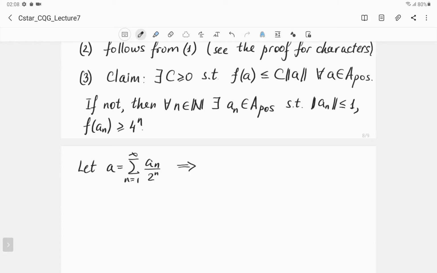So a is greater than or equal to each of the partial sums. So this implies that F of a is greater than or equal to F applied to A_n over 2 to the power n. But by assumption, this is bigger than 2 to the power n for each n. And obviously, this is a contradiction because F of a doesn't depend on n. So this contradiction implies that such a constant C exists.